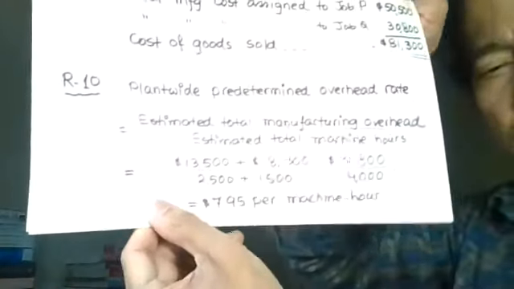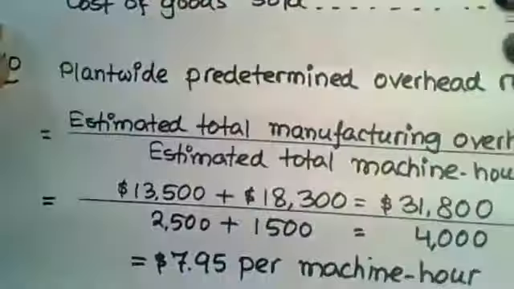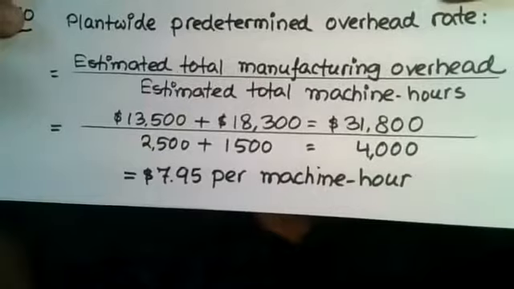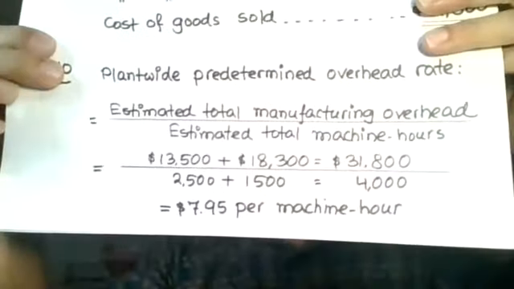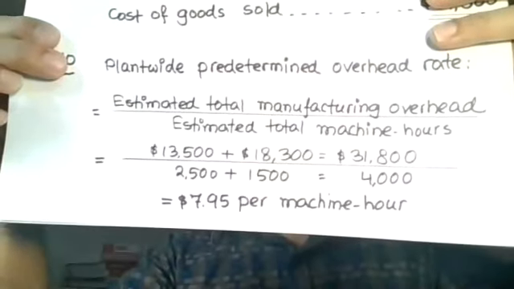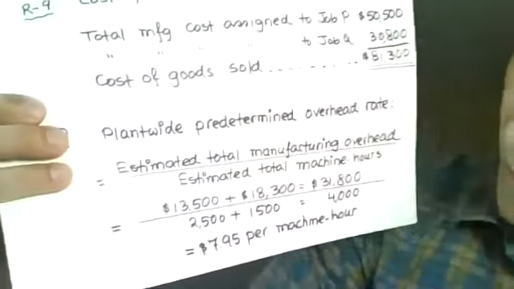So if we divide it by the 4,000, we'd get the plant-wide overhead rate. Plant-wide rate is going to be, I think, $7.95.